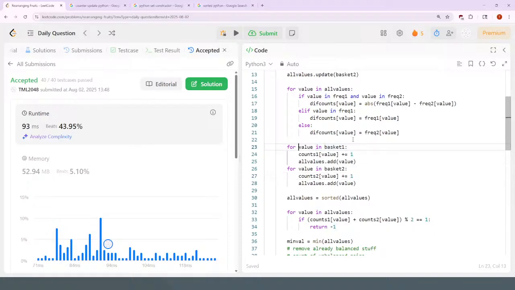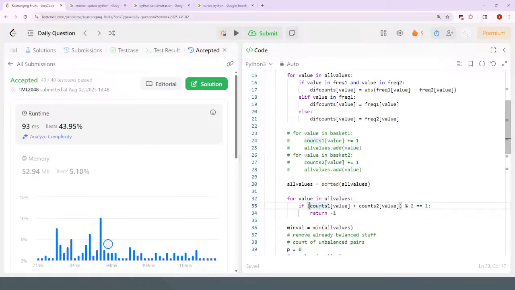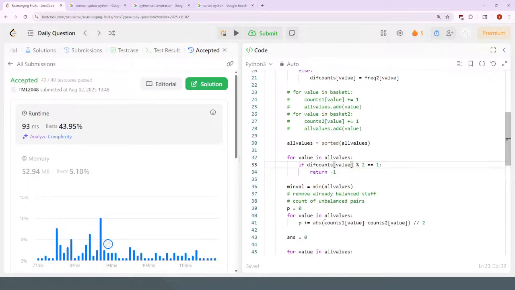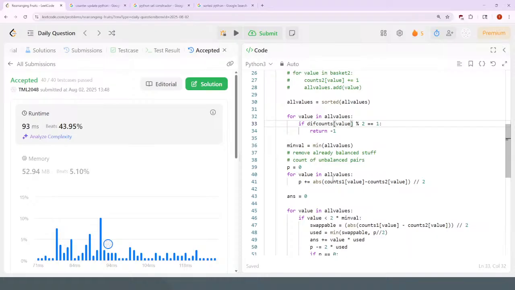So I think I can get rid of this at this point. And I think this thing is just the diff count of the value, and absolute value of diff counts. So I think this is diff counts of the value here.